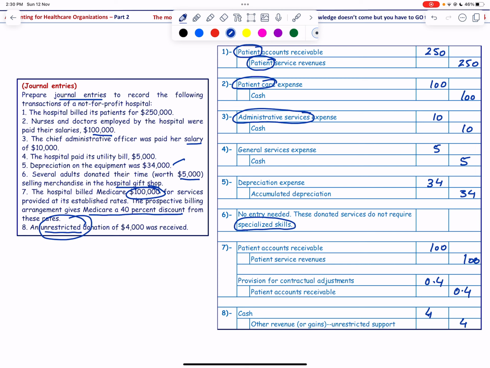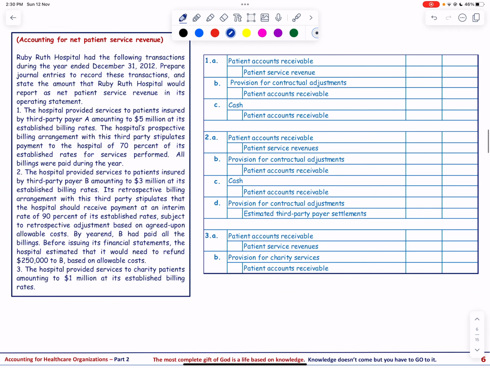Next, let us solve an exercise on generalizing transactions for net patient service revenue. Rubyrath Hospital had the following transactions during the year ended December 31. Prepare journal entries to record these transactions and state the amount that Rubyrath Hospital would report as its net patient service revenue.